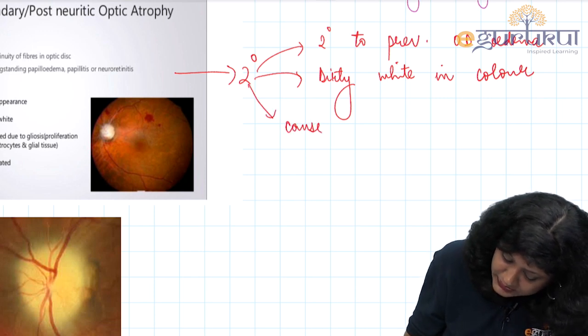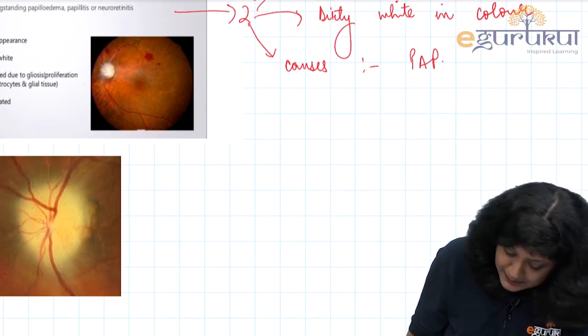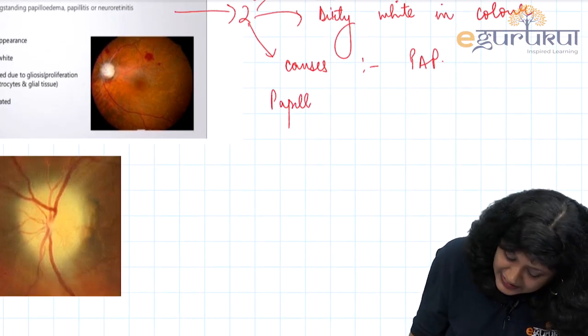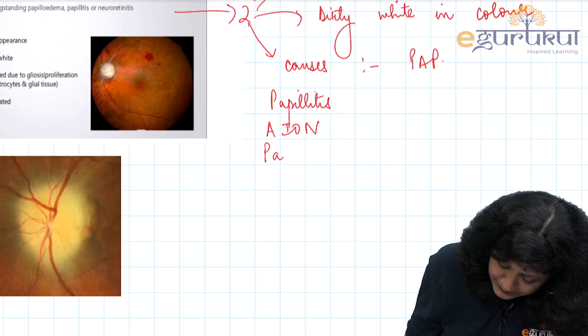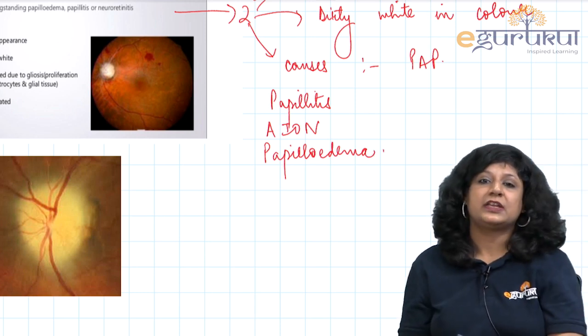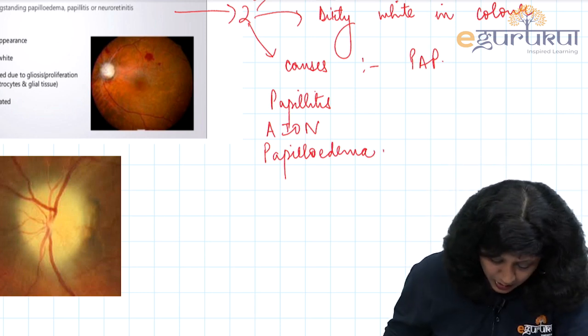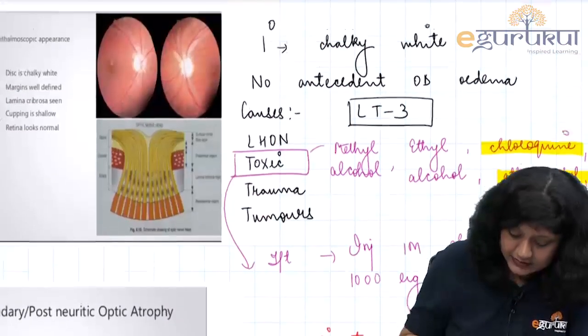For the causes, you have to remember PAP smear. P for papillitis, then A for anterior ischemic optic neuropathy, and then again P is your papilledema. So in this way you have to remember the causes of secondary optic neuropathy.